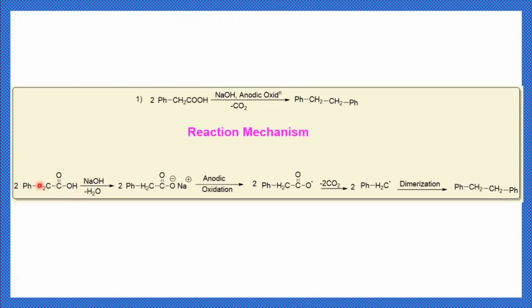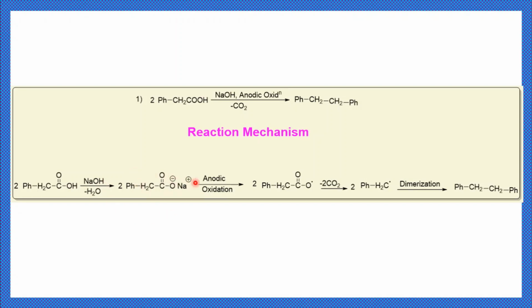This phenyl acetic acid reacts with NaOH, sodium hydroxide, and the role of this sodium hydroxide is that it takes a proton. This proton is acidic due to the oxygen, so the base takes the proton and converts it into its salt.